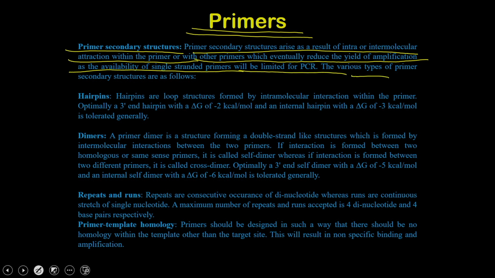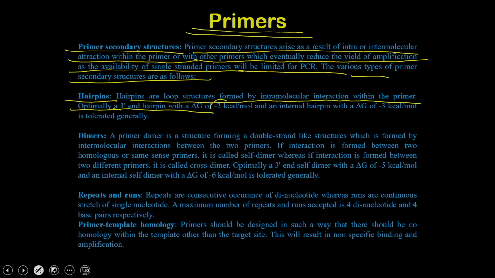The various types of primer secondary structures are as follows: the hairpins. Hairpins are loop structures formed by intramolecular interaction within the primer. Optimally, a 3' end hairpin with a delta G of 0.2 kilocalorie per mole and an internal hairpin with a free energy of -3 kilocalorie per mole is generally tolerated.